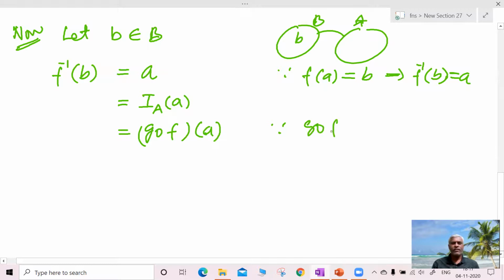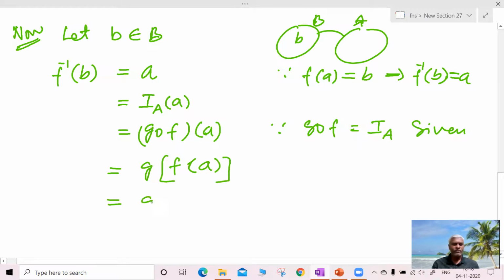So now this can be further written as g of f of a, and f of a is equal to b. So g of b. We get the range: f inverse of b is equal to g of b. Therefore, f inverse is equal to g.